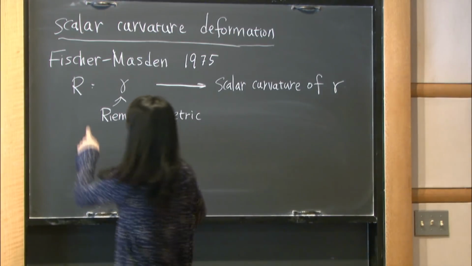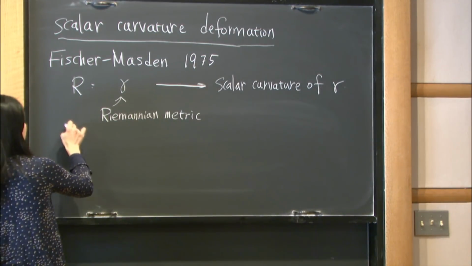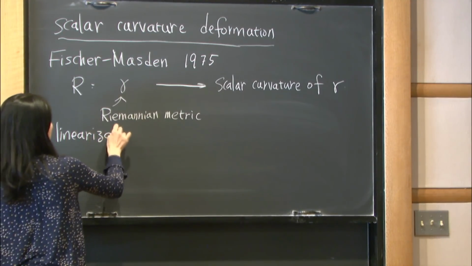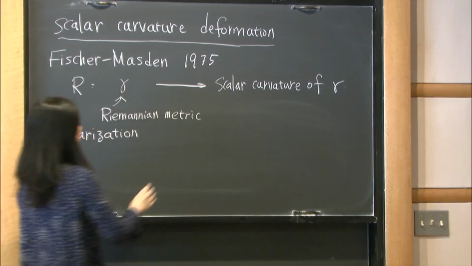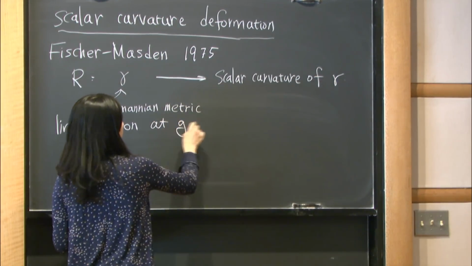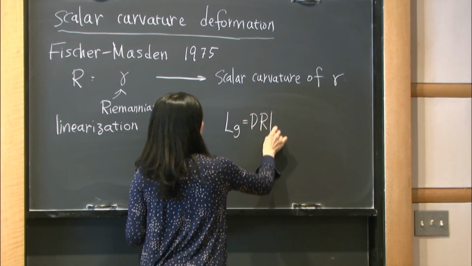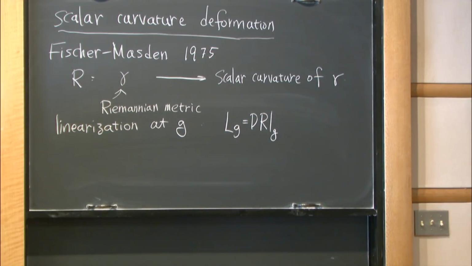We want to understand whether the map is at least locally surjective, so we look at the linearization, which is just a fancy name for the derivative of this map. The functional analysis theorem tells us we just need to check whether the linearization is surjective.